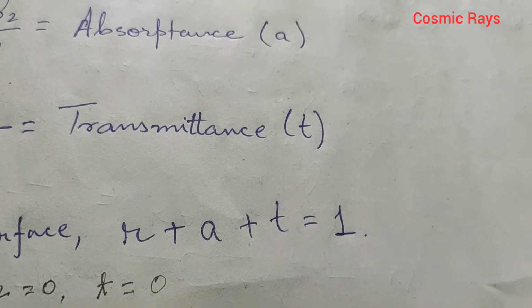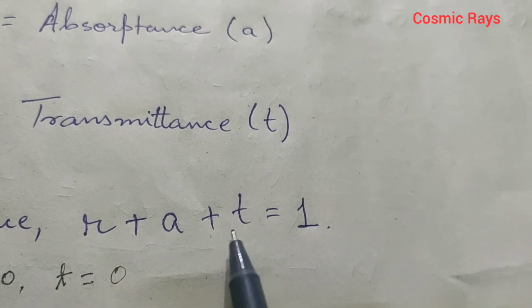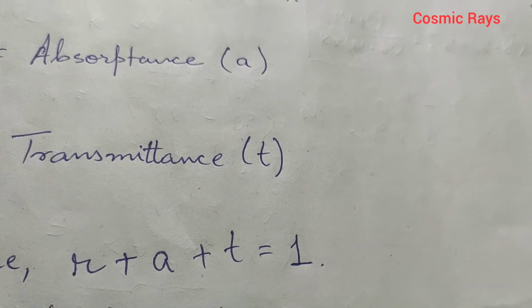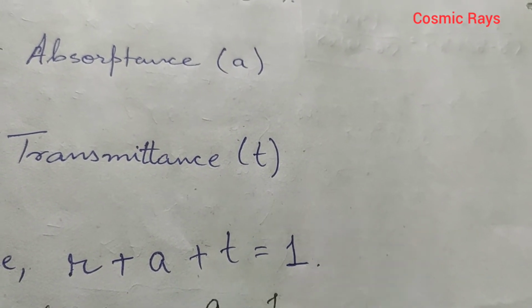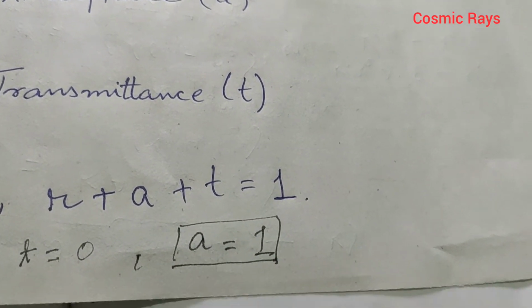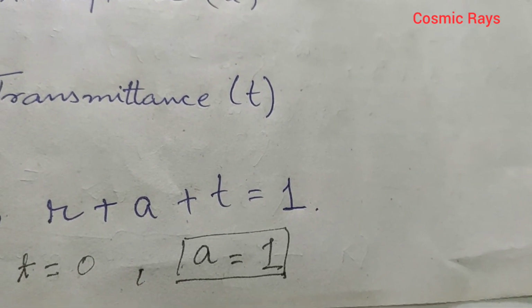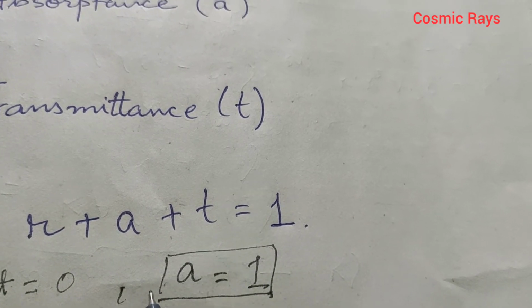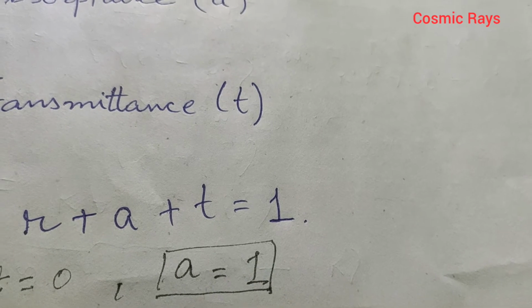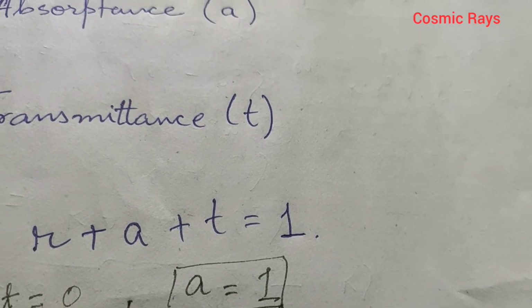So in this case, the equation R plus A plus T equal to 1 will take the form A equal to 1. Now A is the absorptance or absorptive power. Bodies for which the value of A is equal to 1 are known as black bodies.